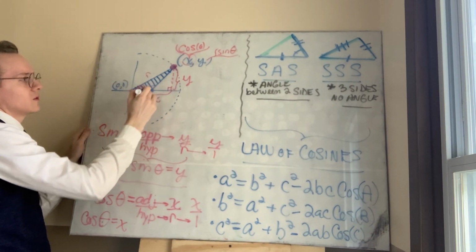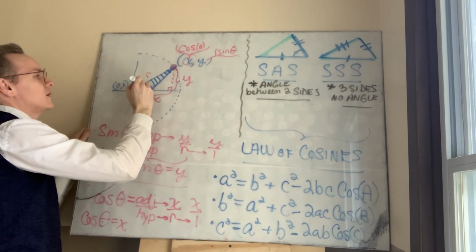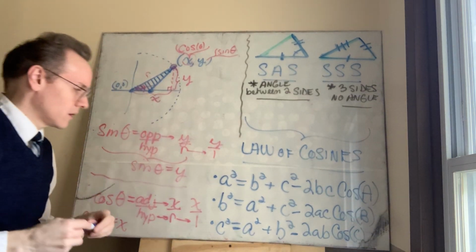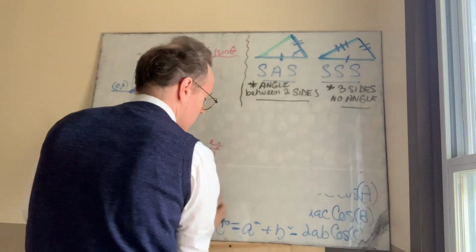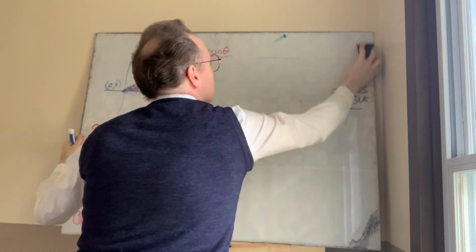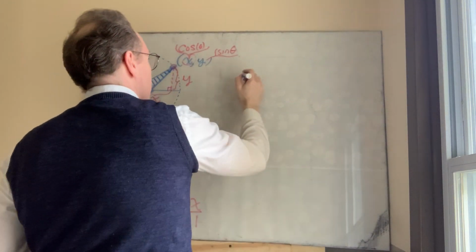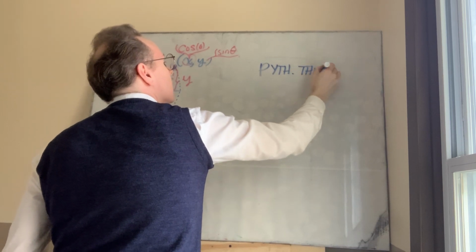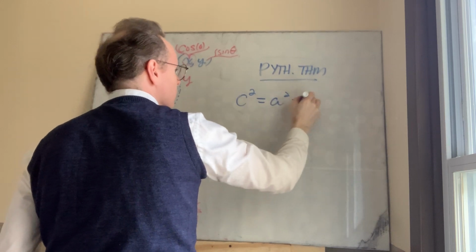I'm going to erase out the points that are not relevant right now. If we want to basically translate the Pythagorean theorem, I'll erase this just for the space for a moment. The Pythagorean theorem is c squared is equal to a squared plus b squared, right?